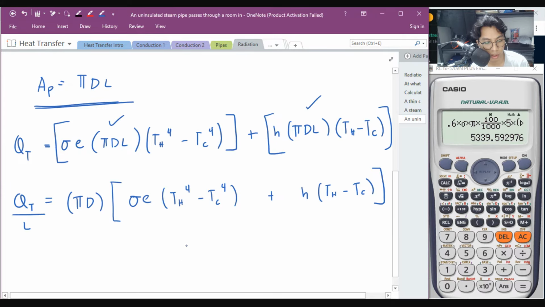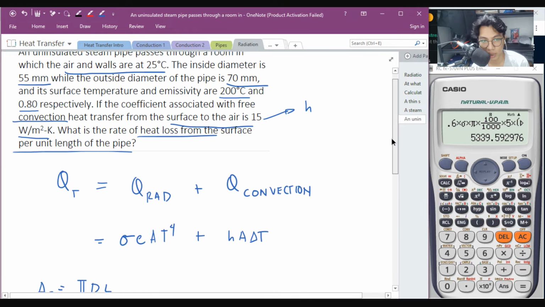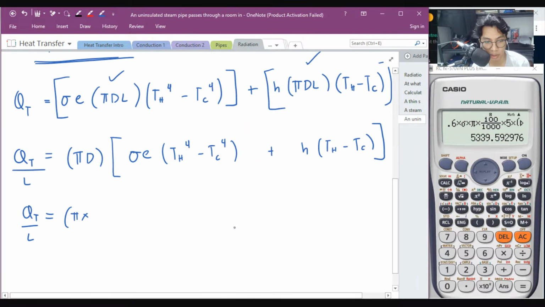Now, we have to find per length. Q total per length. So, pi D. Ano ba yung D dyan? 70. Binigay dyan outside, 70 millimeters. O, divide ko ng 1,000 para maging meter. And then, multiply to emissivity na 0.8.